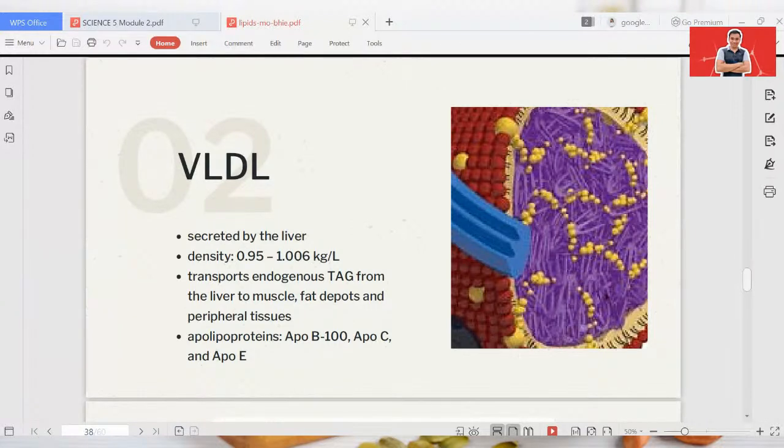They transport endogenous triglyceride from the liver to the muscle and fat depot, and in normal lipid metabolism, VLDL is secreted in the blood by the liver for metabolism in the peripheral tissues. VLDL has apolipoprotein B100 mainly, and C1, C2, C3, and E on its surface.